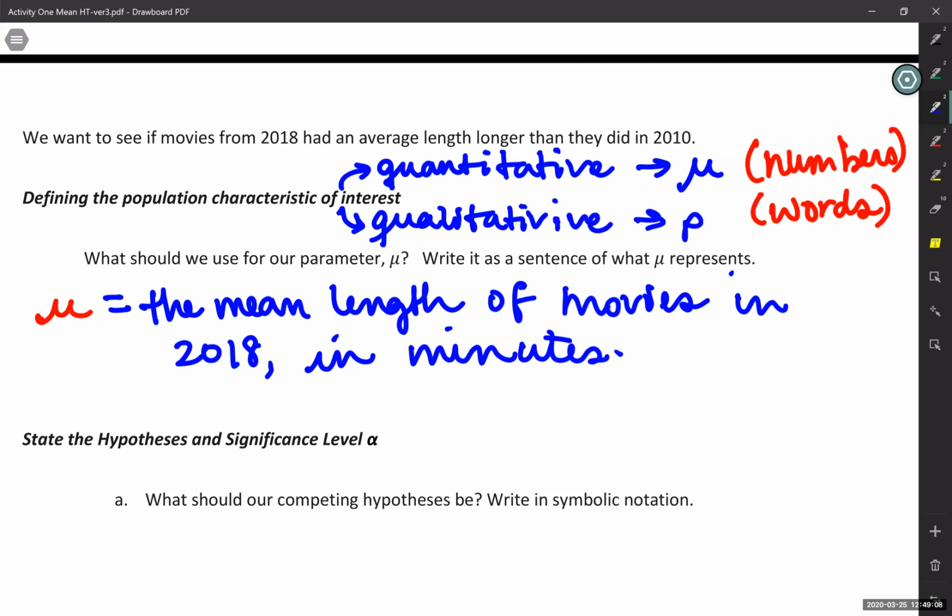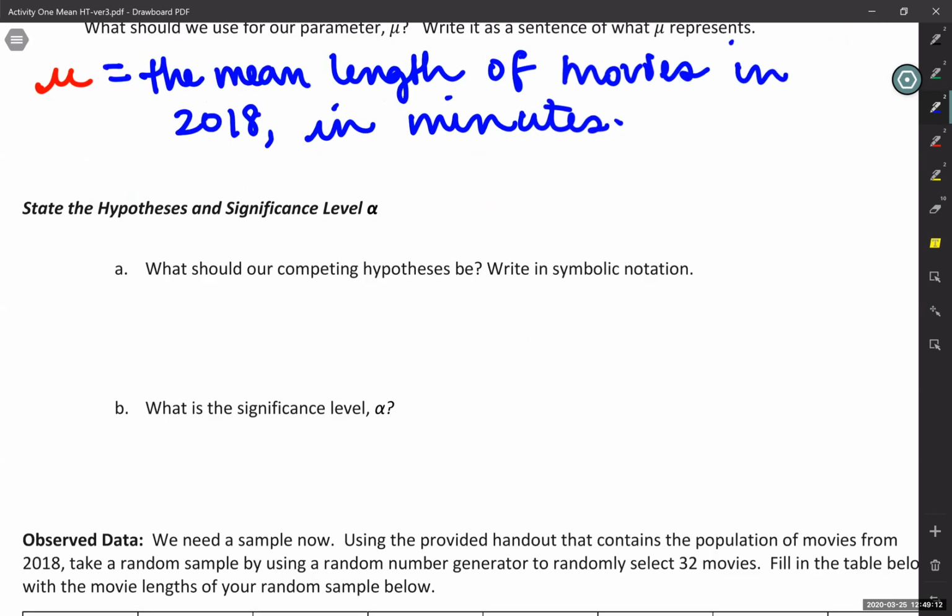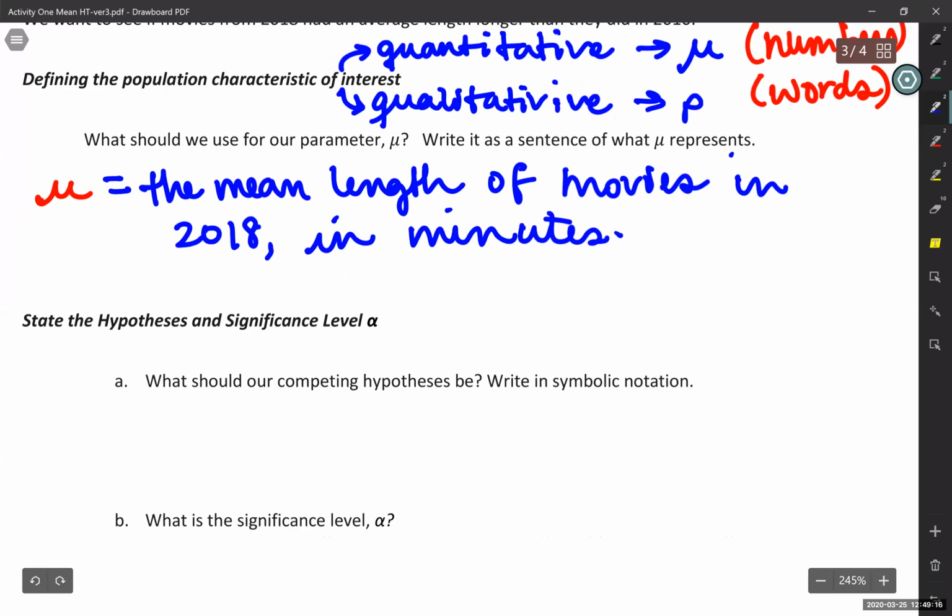Okay, so now we want to figure out what are our competing hypotheses. And I say write it in symbolic notation. So we have our null and our alternative hypotheses. If you have no idea what I just wrote, then you need to pause it right now and go watch the 9-1 video, because we went over this in detail in that.